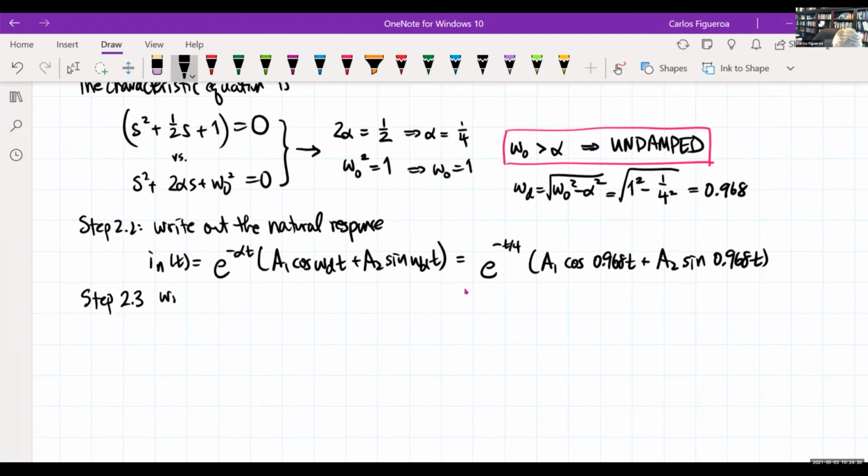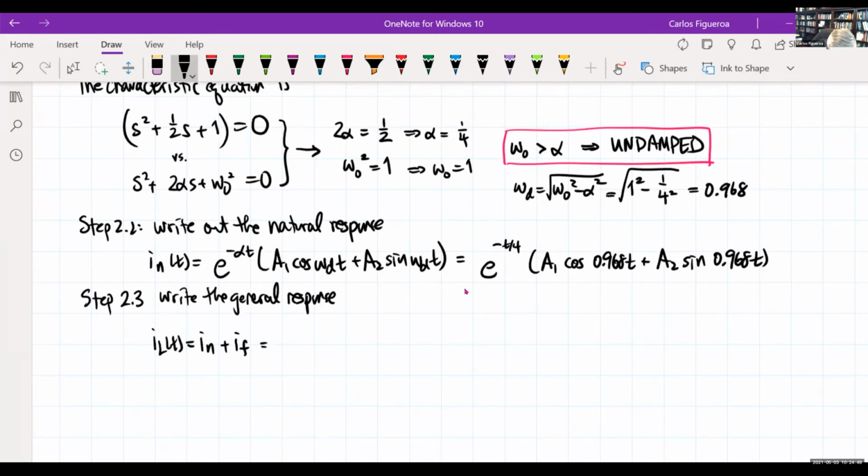Now I write out the general response. The general response in our case says that the inductor current is going to be the natural plus the force response. So what's the natural?